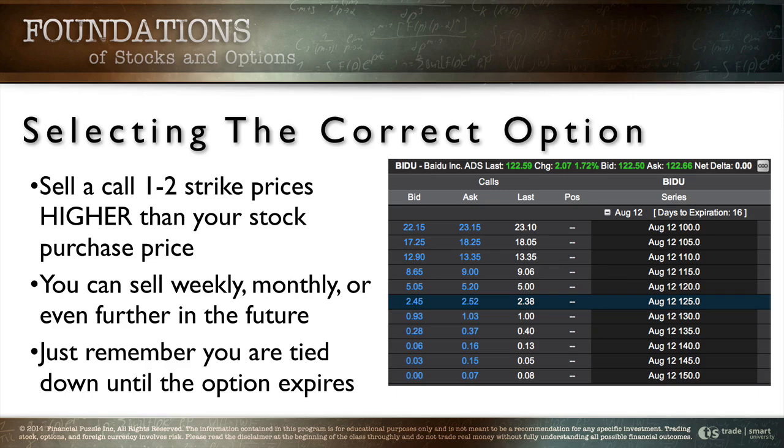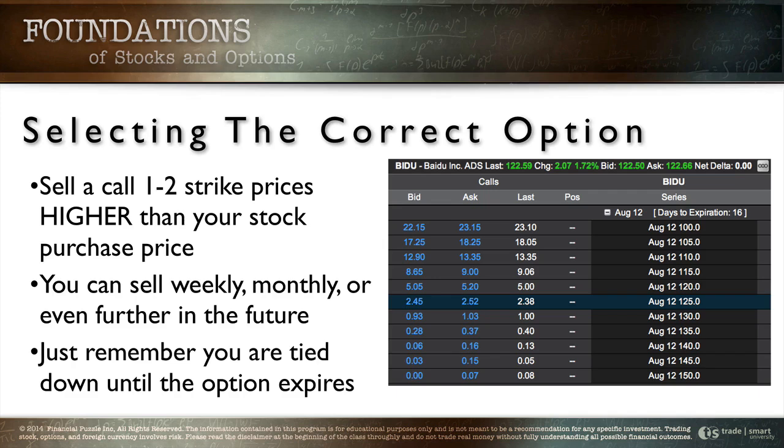If you sell a strike price below your stock purchase price, you could lose money on that, so you don't want to do that unless you're prepared to take that hit. Sell the call option one or two strike prices above the stock price.